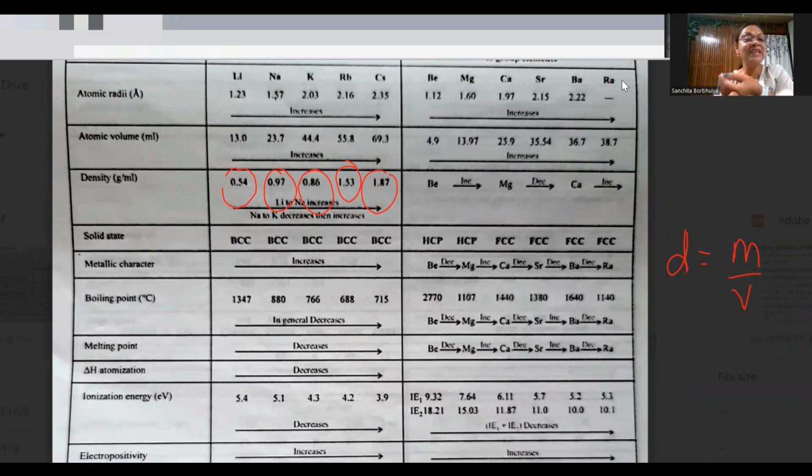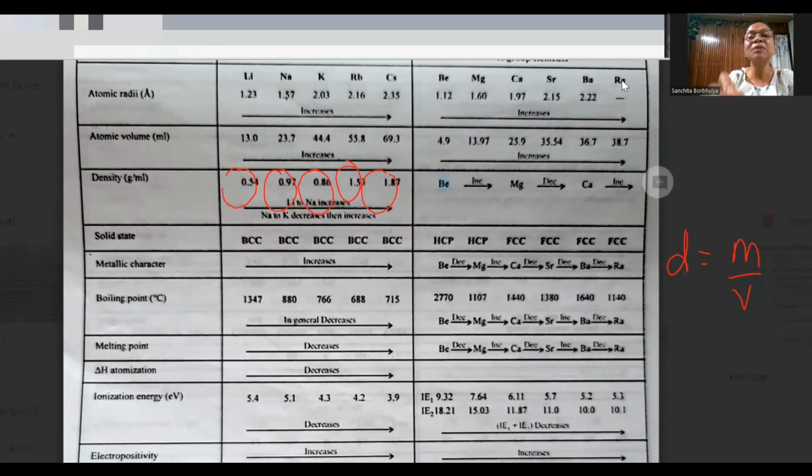And this decrease in density is in gram per milliliter. It hardly matters, but still, you have to remember this exception, because I've collected this data and written it down for you. Same with beryllium to magnesium, it increases. Then calcium, and then it further increases only.